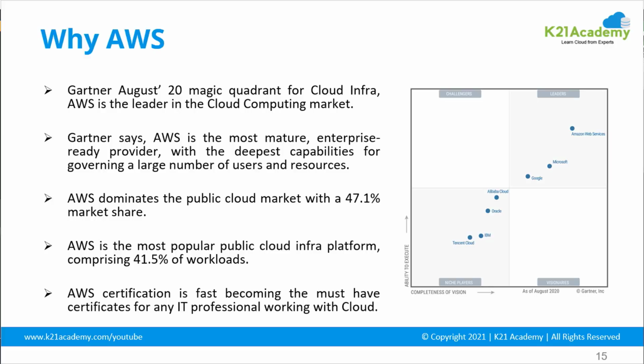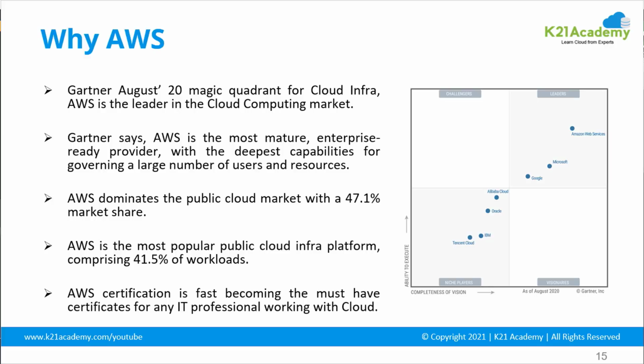AWS, as per Gartner, has the most mature and enterprise-ready services with the deepest capability for governing a large number of users and resources. As of August 2020, AWS dominates with around 47% of market share, and 41% of the world's workload on public cloud infrastructure is on AWS.